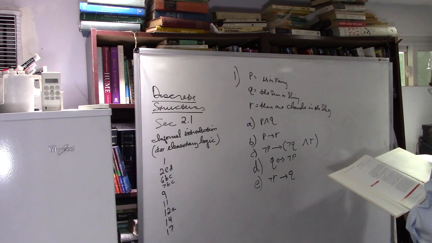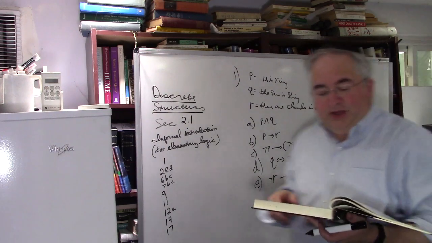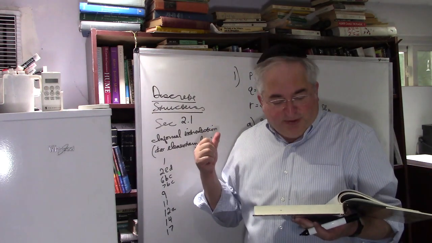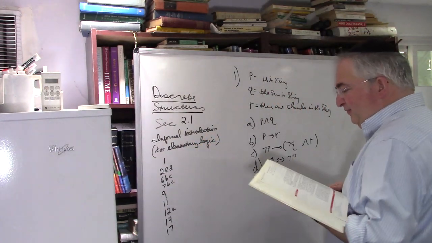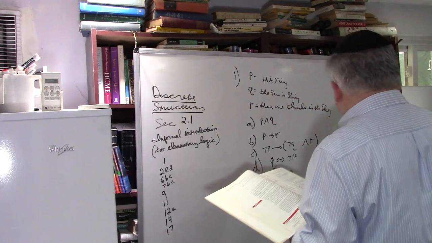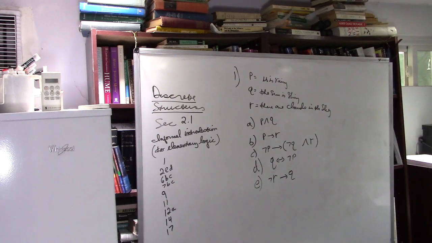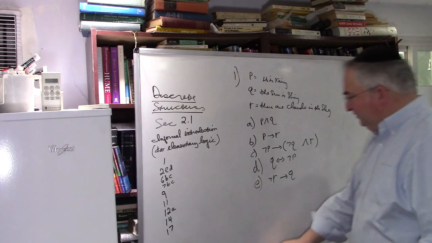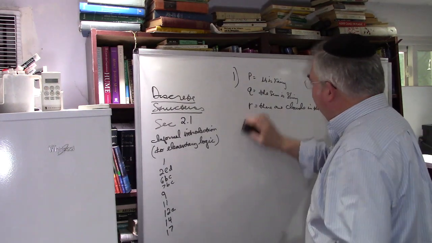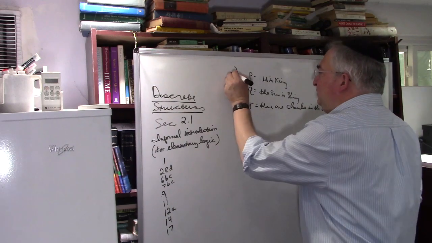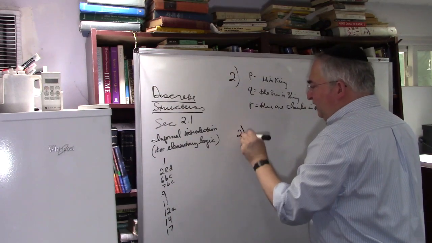Now, 2E. They give you the symbols and they want you to write the English. Translate the following into English sentences. Hold on, let's erase this.